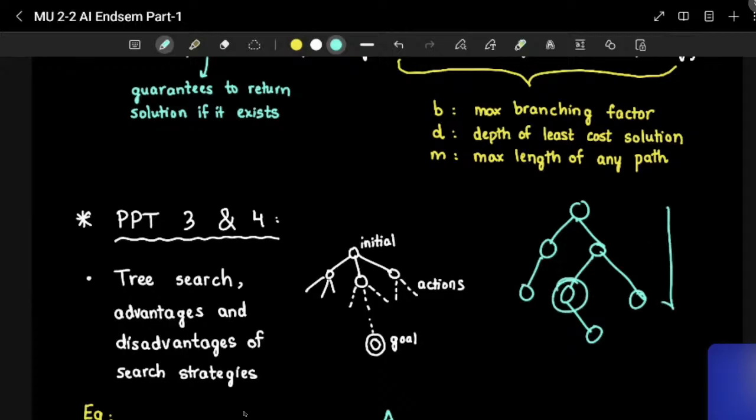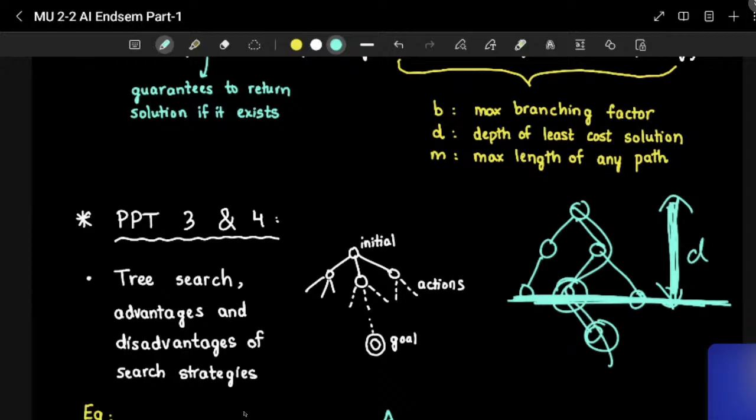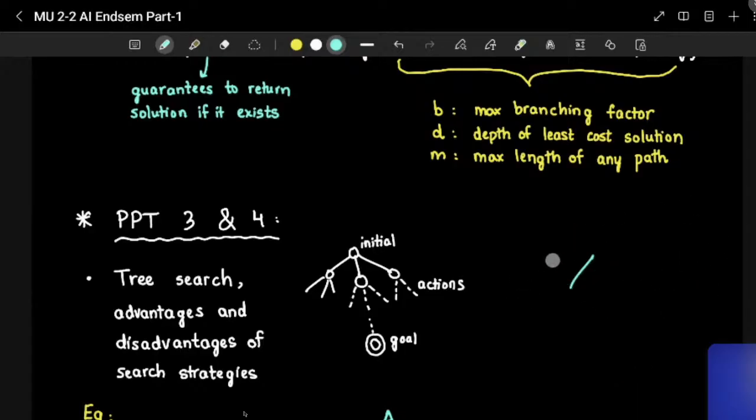So this is D. Let's say this is also a solution, but whichever solution is at the least depth, that depth becomes D. Max length of any path: find the longest path, find its length, that will become M. These letters will be used in the time complexity and space complexity analysis.